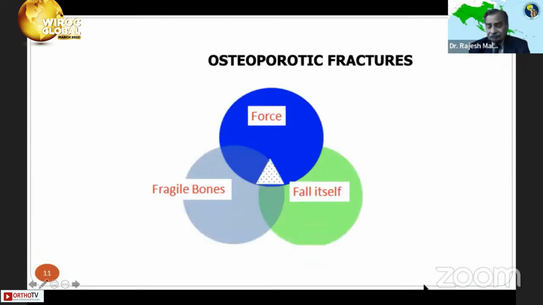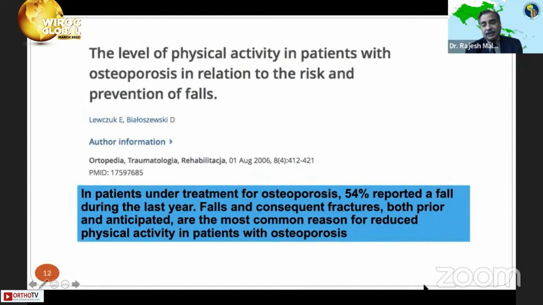And as was said, in osteoporosis, the fracture occurs because of a combination of fragile bones and a fall. And in this study, about half of the patients who were under treatment for osteoporosis had reduced physical activity because of a fracture caused by a fall.